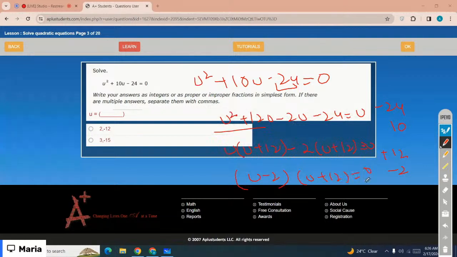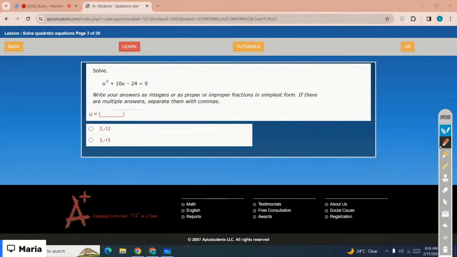So u equals positive 2 and u equals negative 12. The correct option is 2 and negative 12. That is option number 1, right? Option 1 is the correct option.